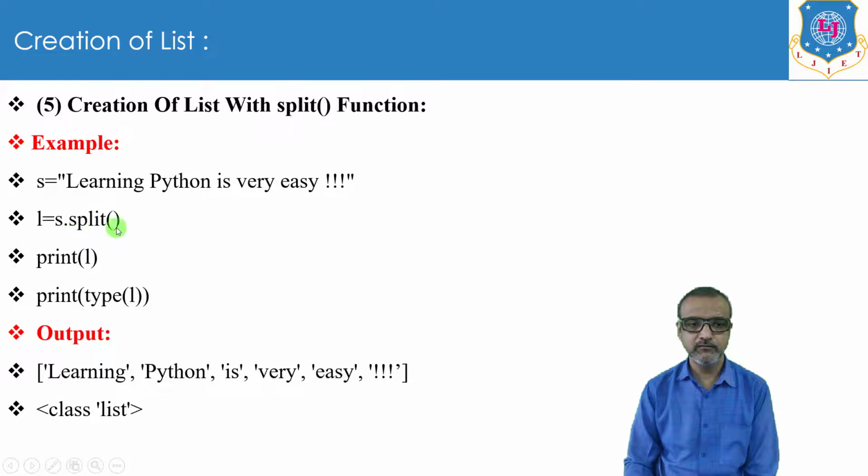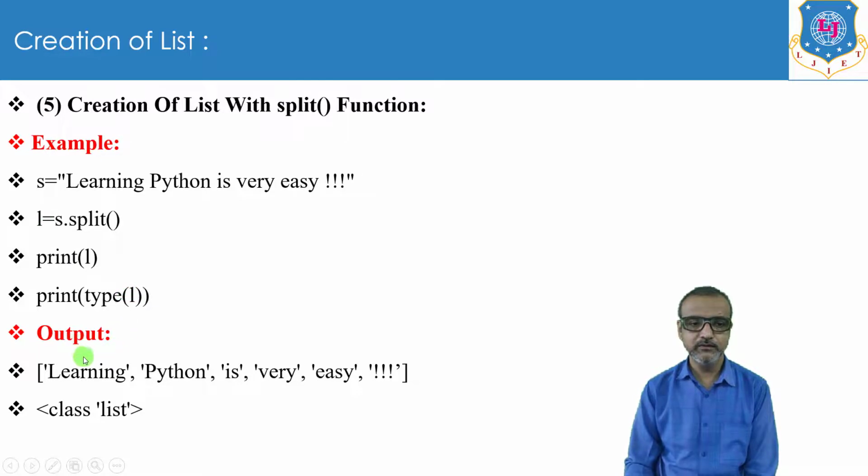It will split this whole statement into different strings: learning, then Python, then is, then very, then easy, and finally the exclamation symbol. So print L will print all these strings in one list. Print type of L will give us the type of the variable L, that is list in this case.